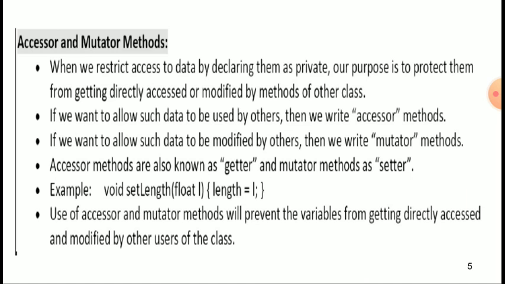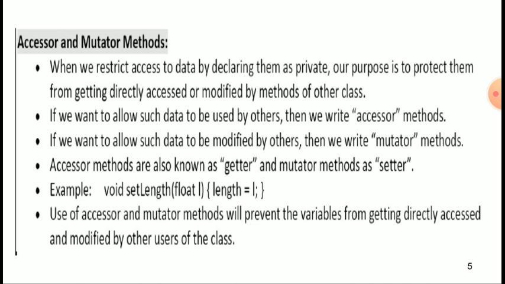Next topic is the accessor and mutator method. When we restrict access to data by declaring them as private, our purpose is to protect them from getting directly accessed or modified by methods of other classes.